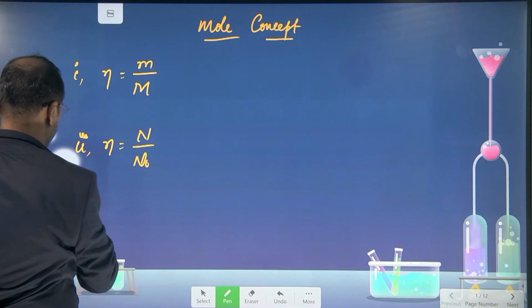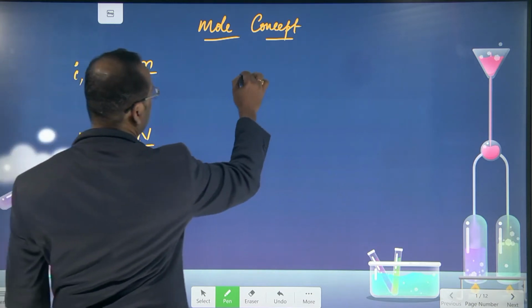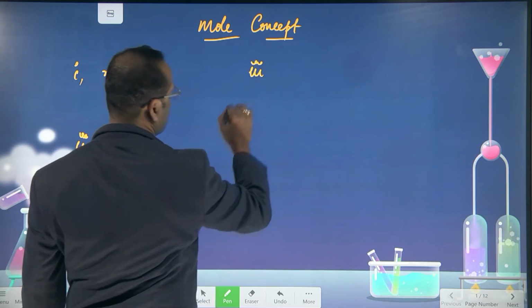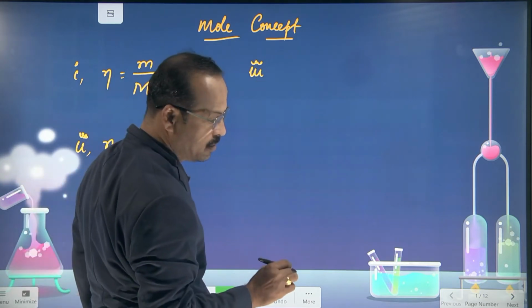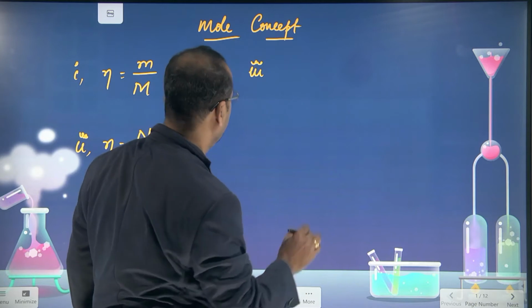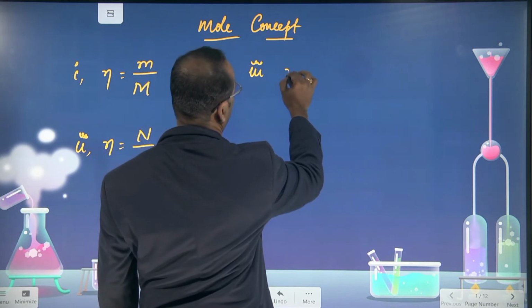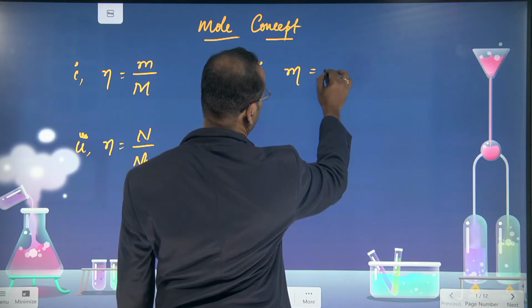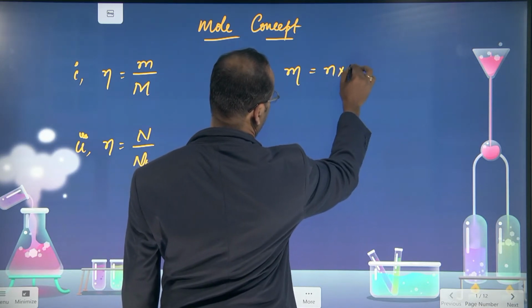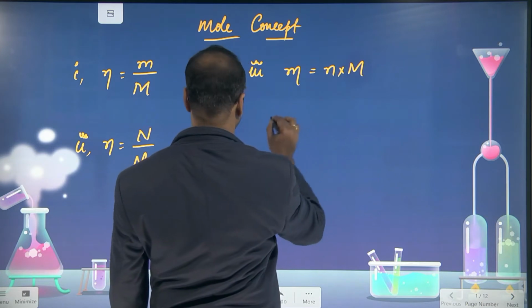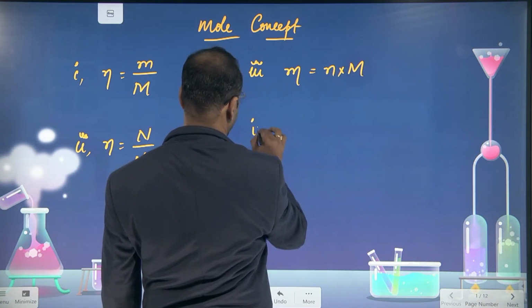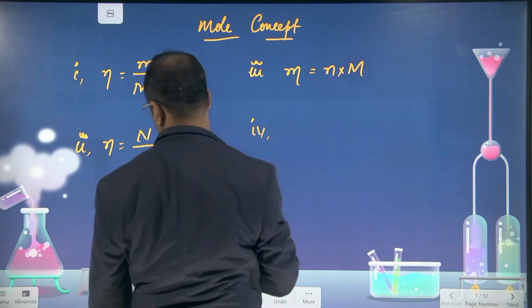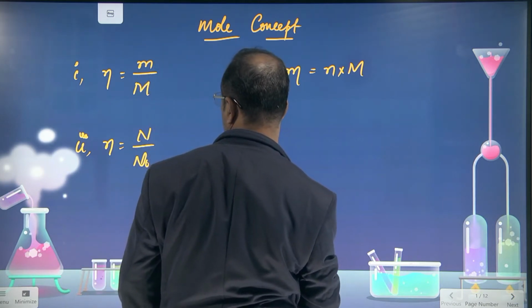What's the third one? Small m is equal to small n into capital M. Yes, one more. I think one more should be there.